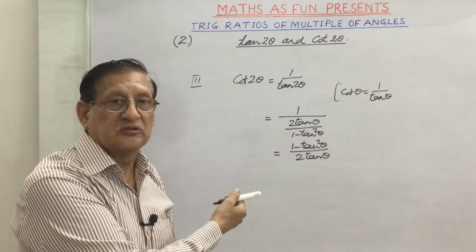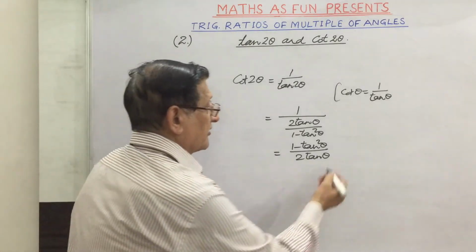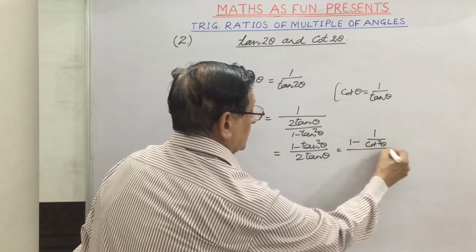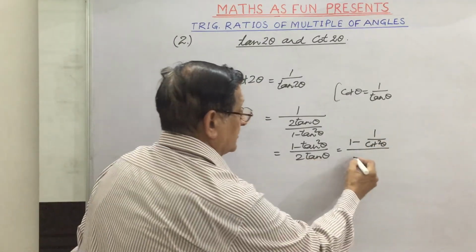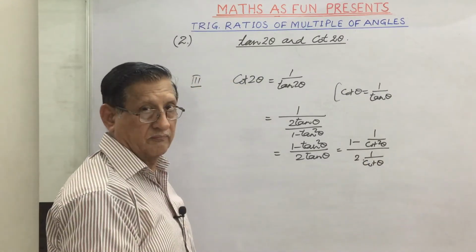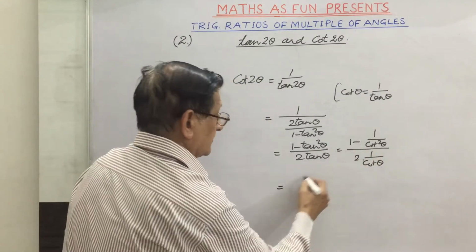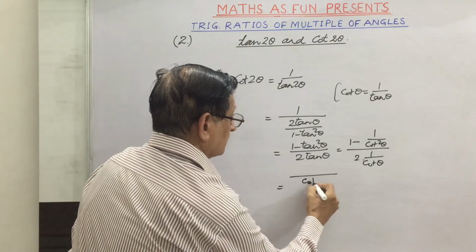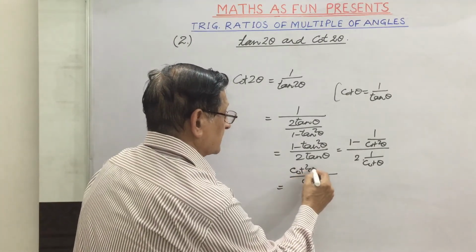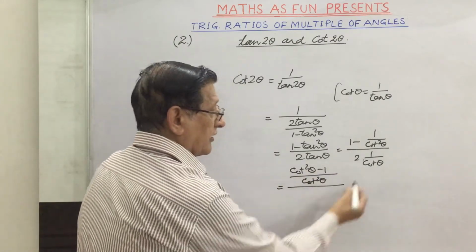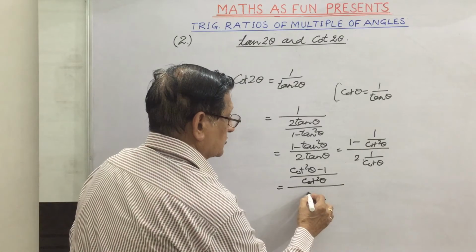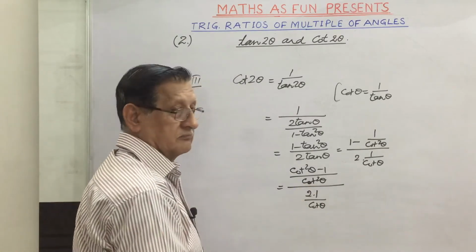Now we have to convert this into cot. So we can write here, this is 1 minus 1 upon cot square theta, and here it is 2 into 1 upon cot theta. If we take the LCM here, cot square theta, this is cot square theta minus 1, and here we take the LCM cot theta, this is 2 into 1 upon cot theta.